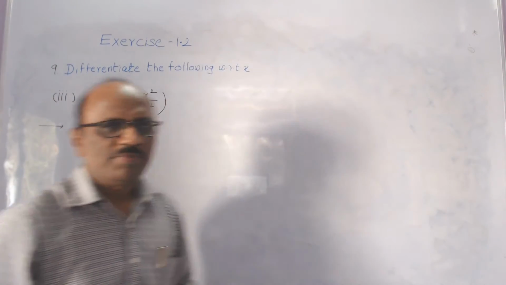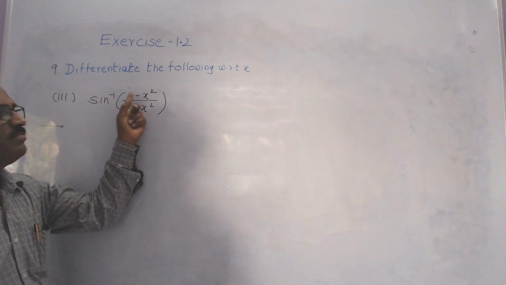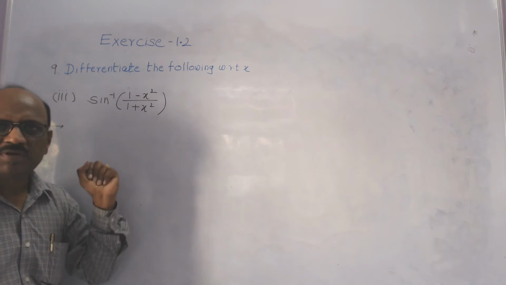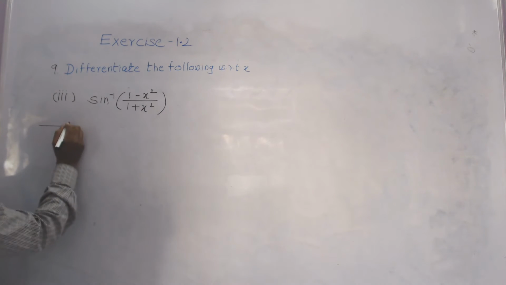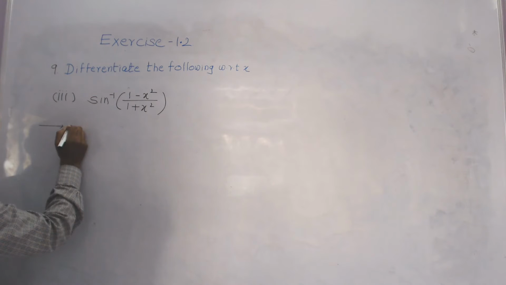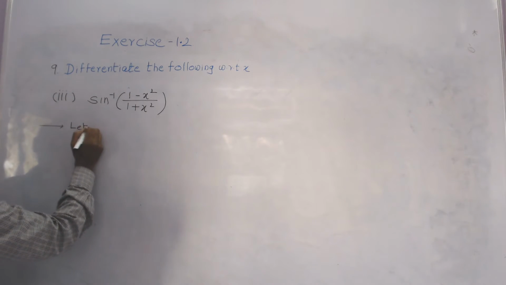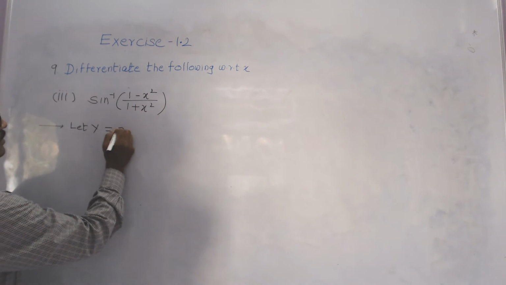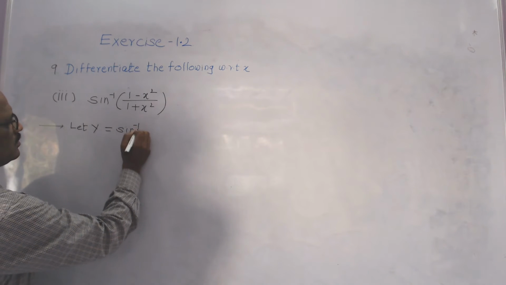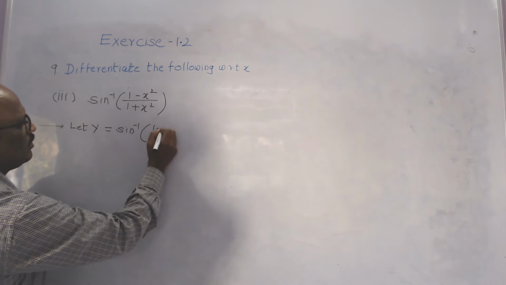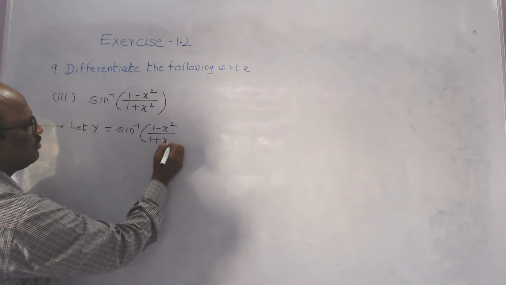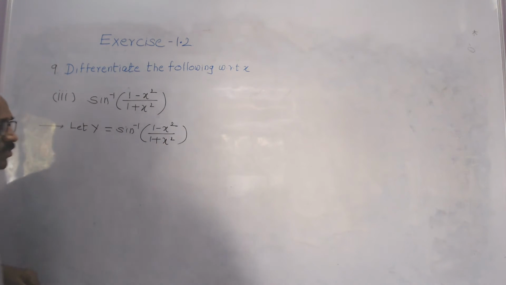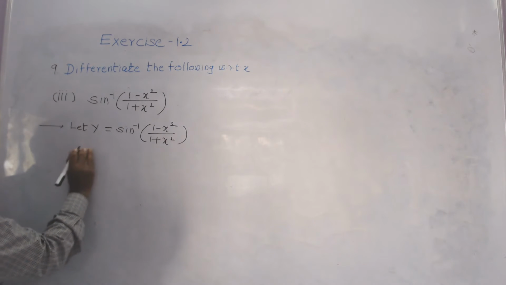Now the next problem is sine inverse of (1 minus x square upon 1 plus x square). Now the same substitution applies here. First of all, let y equal sine inverse of (1 minus x square upon 1 plus x square). Now what is the substitution?